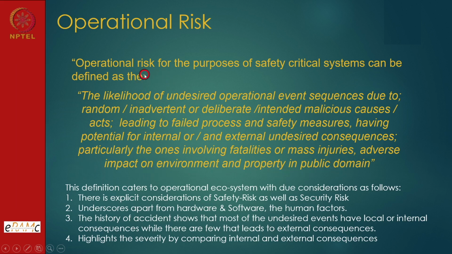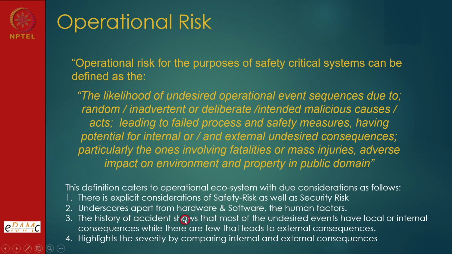So, what we discussed in the previous slide, we are trying to translate it here. Safety and security we have talked about explicitly here, but other intangible things also get covered. If we look at this definition, it caters to the operational ecosystem with due consideration as follows. One is that safety risk and security risk underscore, apart from hardware and software, the human factor also.